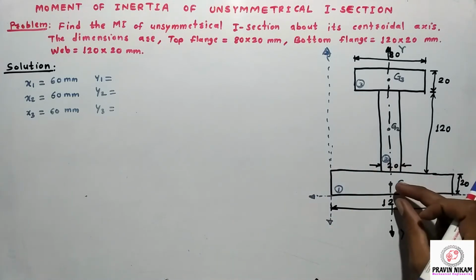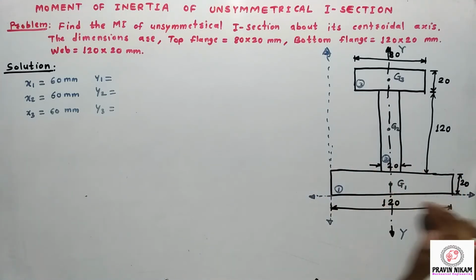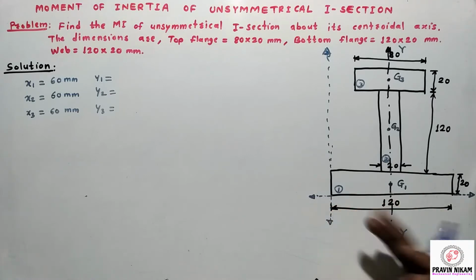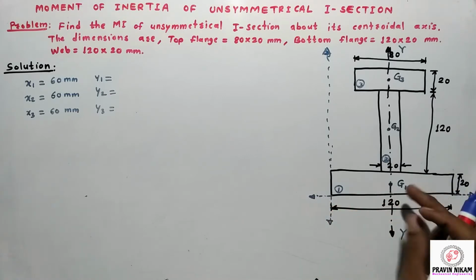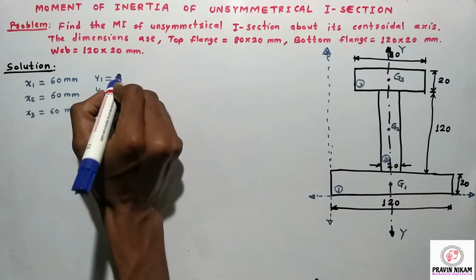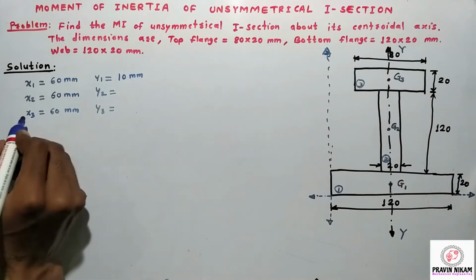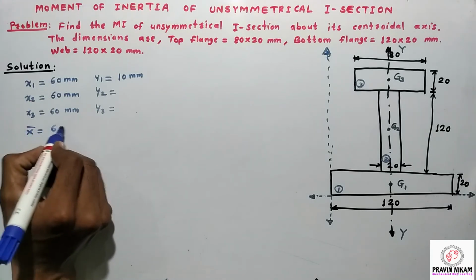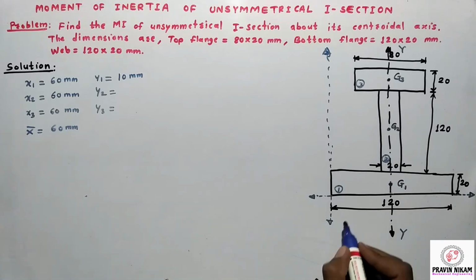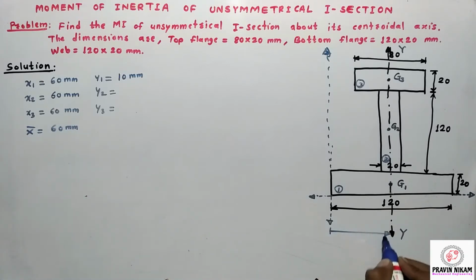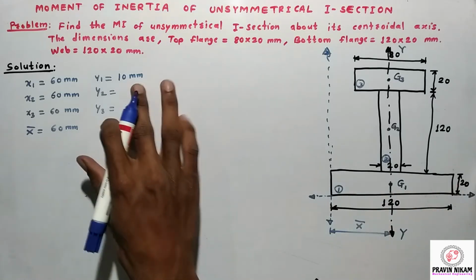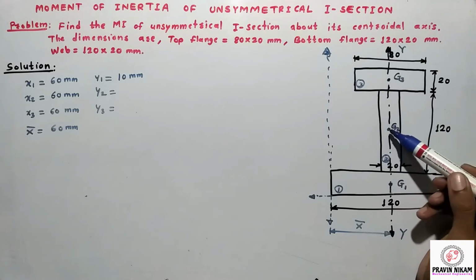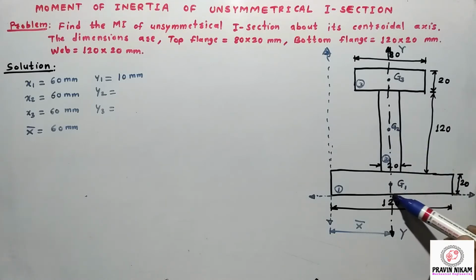Now y1 is the distance of G1 from the horizontal reference axis. If the total is 20, half is 10, so 10 mm. As x1 is equal to x2 is equal to x3, x bar is also equal to 60 mm. So this is x bar. Now y1 is 10 mm. y2 is the distance of G2 from the horizontal reference axis.